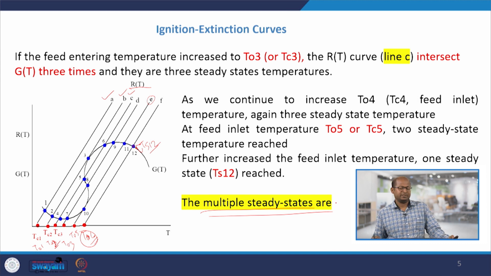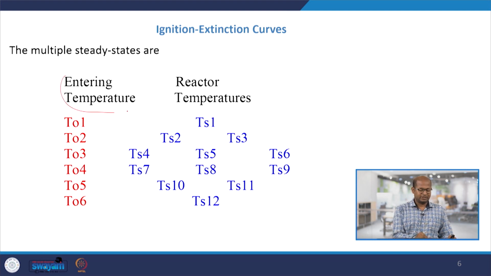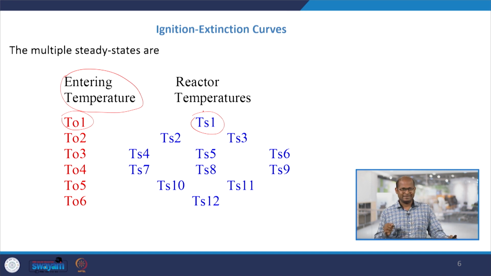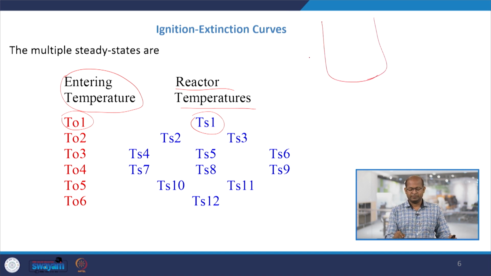If we summarize these observations, when the feed is entering at temperature T01, then only one steady state temperature, TS1, the temperature inside the reactor, we can get. So, if T01 is the feed inlet temperature, one steady state temperature we can see for that particular reaction.